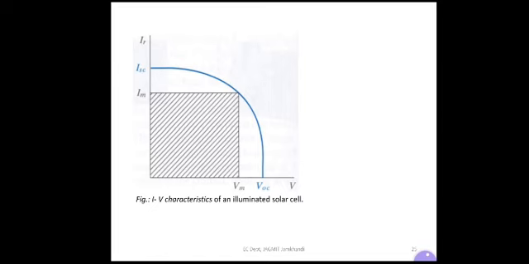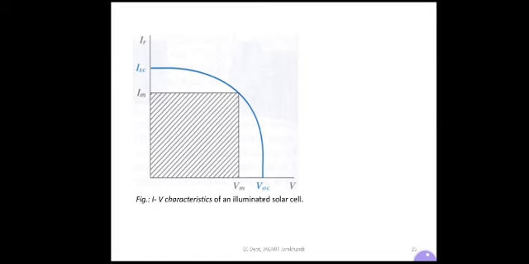The open circuit voltage VOC, you can observe in the figure. The VOC is nothing but the open circuit voltage. The open circuit voltage VOC and the short circuit current ISC are determined for a given light level by the cell properties.